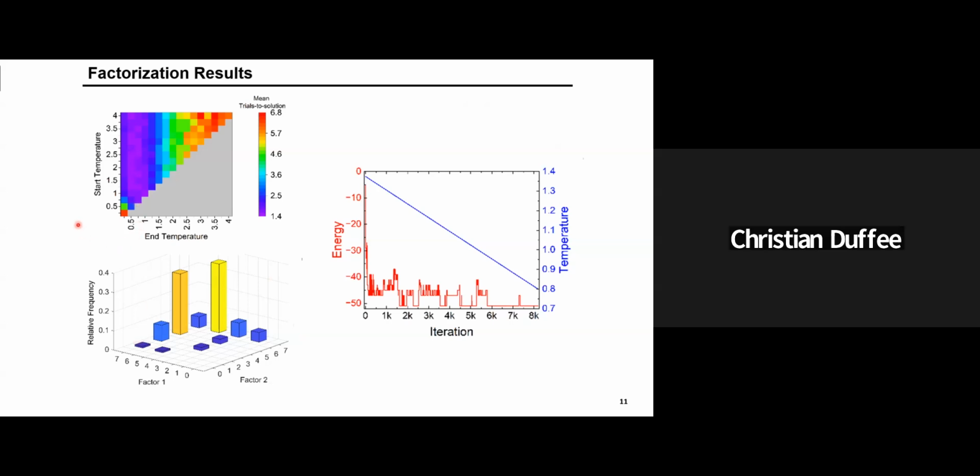You can see the proportion of times that we are in the correct state that factored the number based on our starting and ending temperature using simulated annealing in the top left. And on the right is one trial where we're lowering the energy of the system indirectly by lowering the temperature. And it does converge to our ground state here.